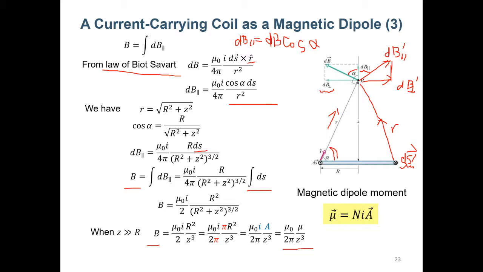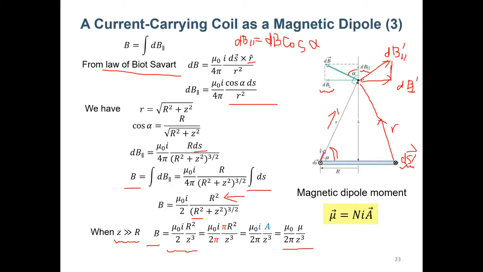So 2 pi is cancelled, and this is r squared. As I mentioned, we also assume z is much larger than r, so this term can be ignored, because when z is much larger than capital R, then z squared plus r squared is nothing but z squared. And we take cube and square root, so z cube.